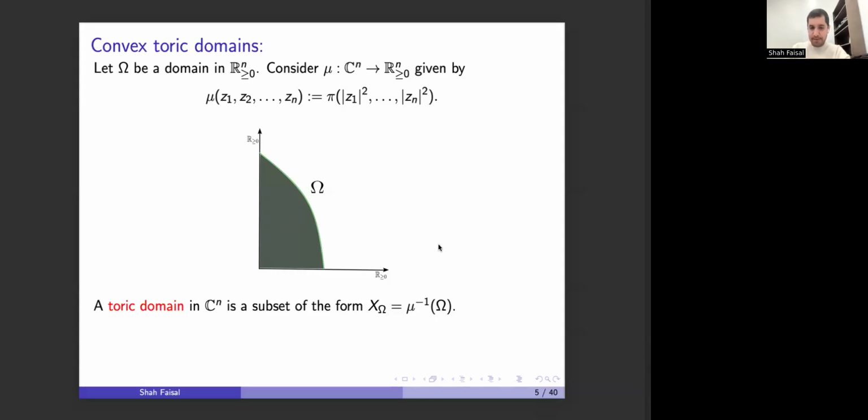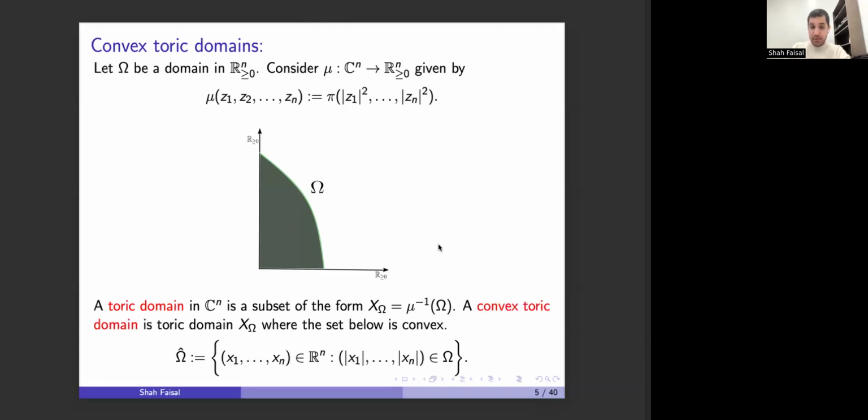Okay. And a toric domain is convex if you reflect this subset along the axes and along the diagonal line, then you get some region which I denote by omega hat. If that region is convex, then we say the corresponding toric domain is a convex toric domain.